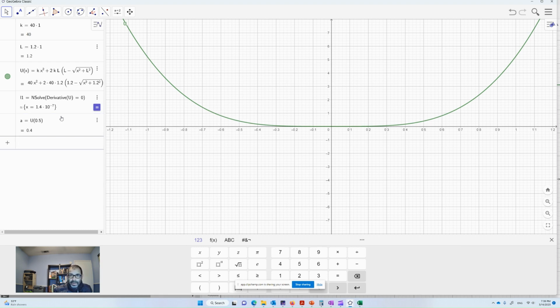So when it reaches the minimum, going through that, that means at that point there is no potential energy. All of that energy is kinetic. So the kinetic energy is going to be equal to this value minus 0, because at that point the potential energy is 0. So the velocity v is going to be equal to the square root of twice the kinetic energy, and the kinetic energy is just that 0.4 divided by the mass.